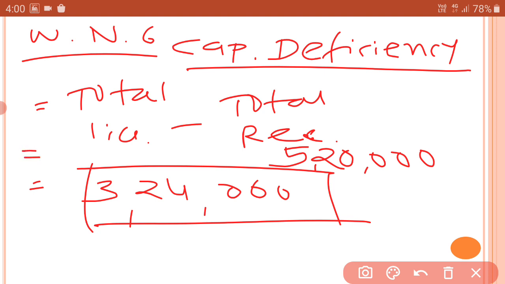And total liability 8,00,000 44,000. So here 8,44,000 minus 5,20,000, you get capital deficiency 3,24,000. It's working note 6, capital deficiency.